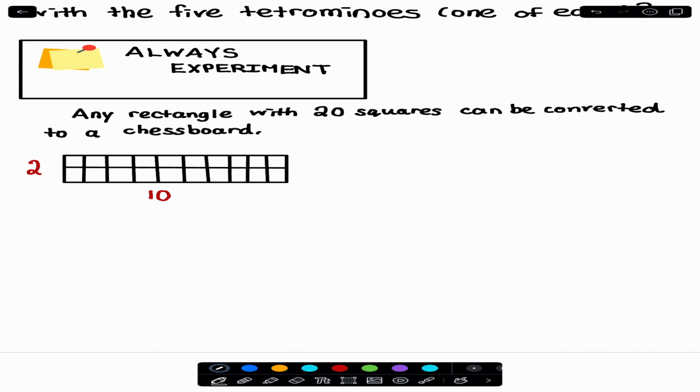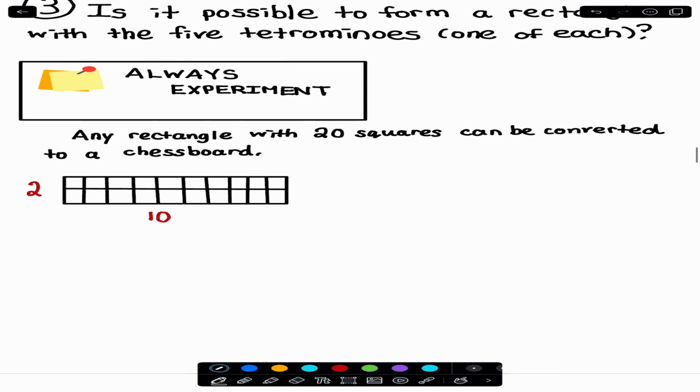You can also choose a 4x5 rectangle, doesn't matter. As long as you're using up 20 squares, it should be fine. The important thing is that this rectangle can now be viewed as a chessboard because we can just simply color it like this.